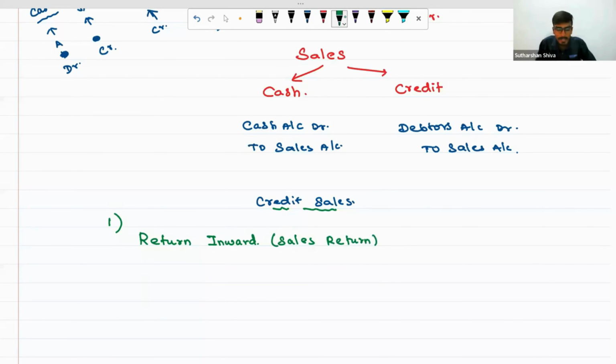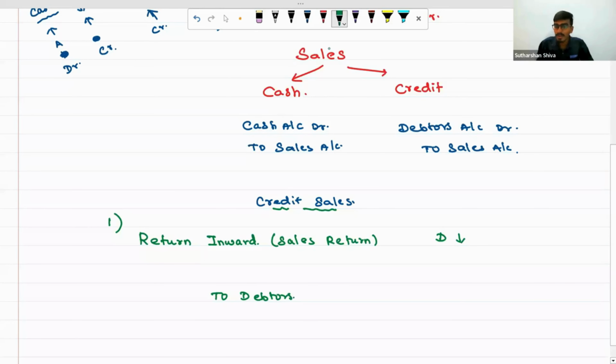Why I am putting some extra time into the basics is that once this flow of purchase and sales comes to your mind, the entire chapter, or the entire financial accounting, I can say, will become a cakewalk for you. So what is the journal entry? Return inward, the sales which I have done are coming back. Now my debtors value will come down. If my debtors value comes down, my asset comes down. If my asset comes down, I will put it on my credit side.